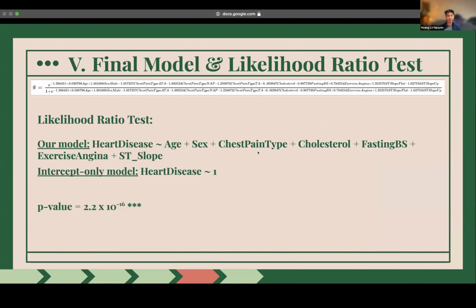And when we performed a model F test, we got a p-value of 2.2 times 10 to the power of -16, which showed that our model is fairly significant compared to an intercept-only model.